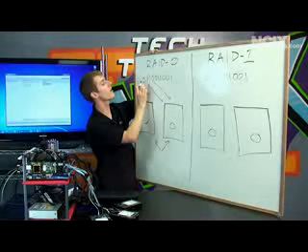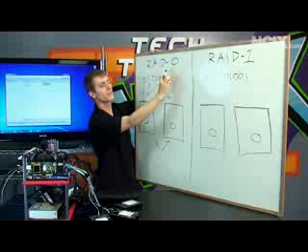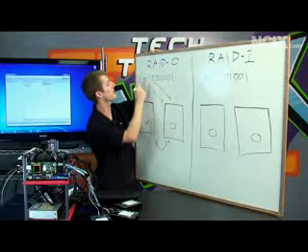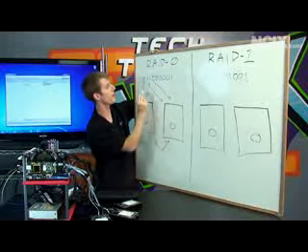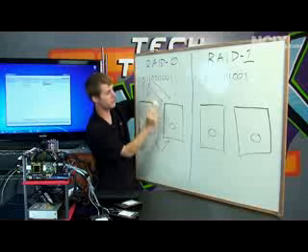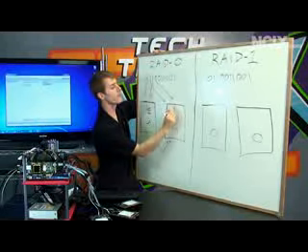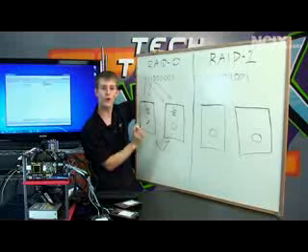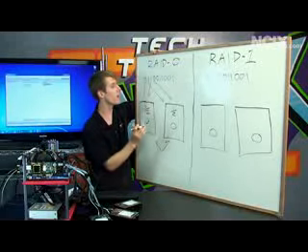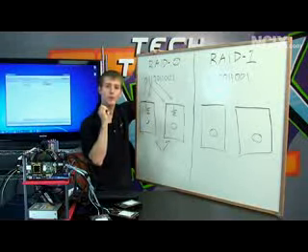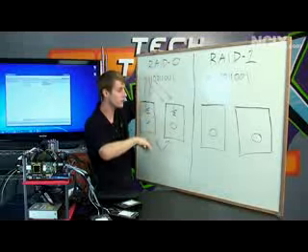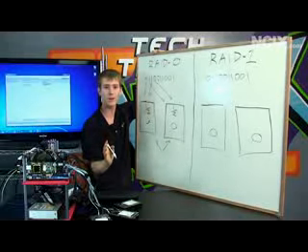But if this was a sequence of data that the computer needed to write to your drive, it's going to write the 0 here, the first one there, the second one here, the second 0 over there. So what happens is effectively half of your data is stored on each drive. This gives you a performance boost whenever you're reading or writing large files to and from your drive, so it's great for video editing.